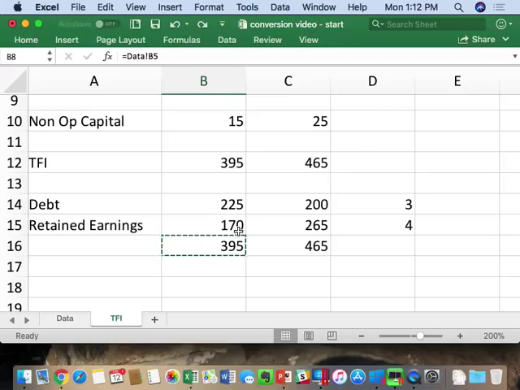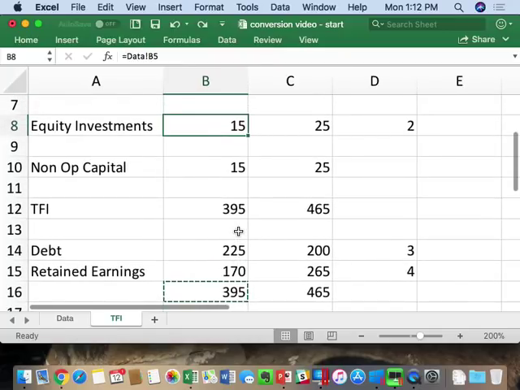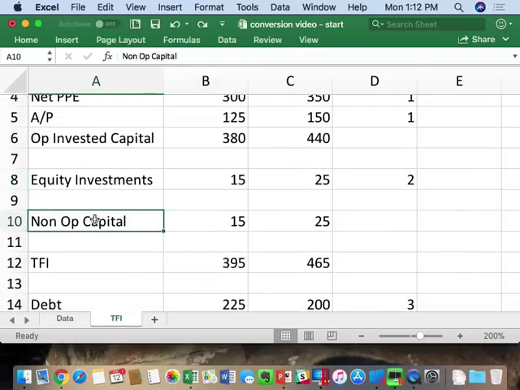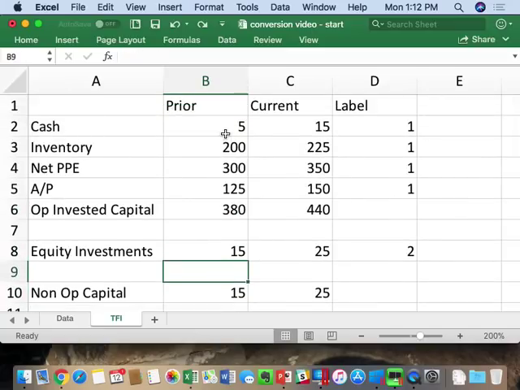So again, the non-operating capital, not cash flow, is just non-operating assets minus non-operating liabilities. So operating assets minus operating liabilities. Okay, there just wasn't any in this example for the non-operating.